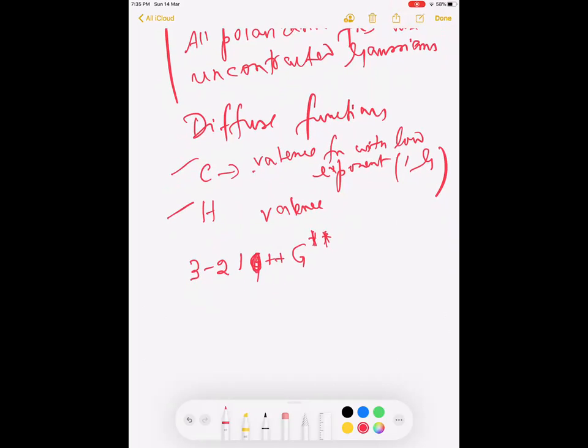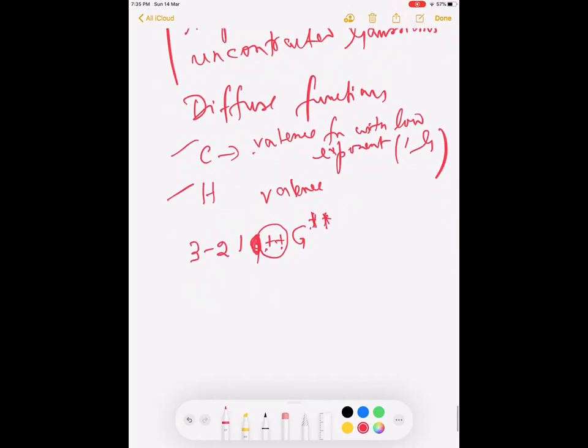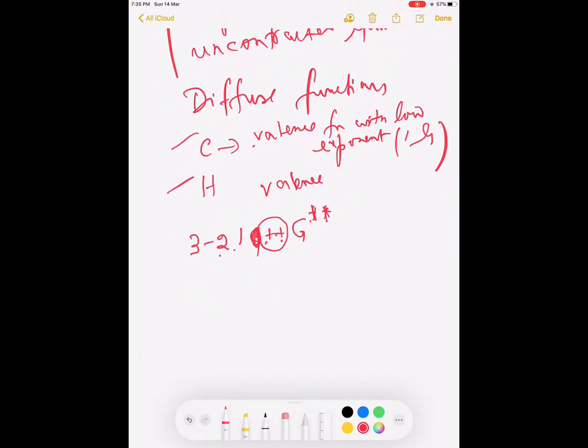Now, what will this mean? This plus plus indicates diffuse functions, again for the heavy atom or first row atom, and hydrogen. Star star indicates polarization. 2 1 indicates that it's a double zeta valence. So you have a DZVP with diffuse functions on both carbon and hydrogen.